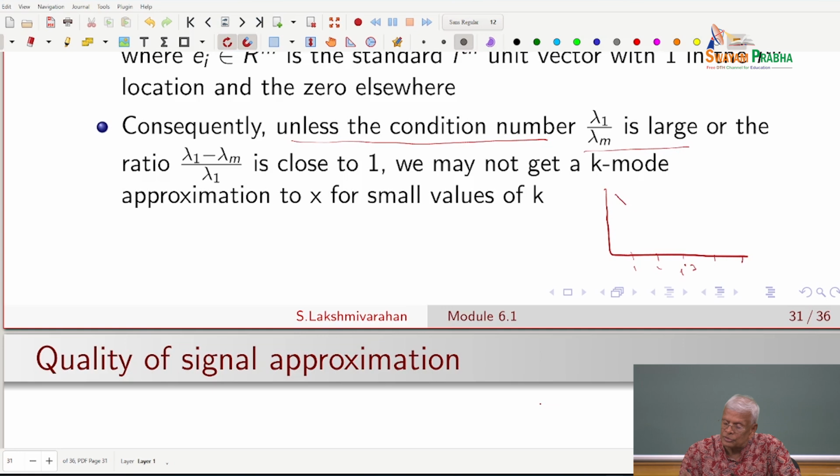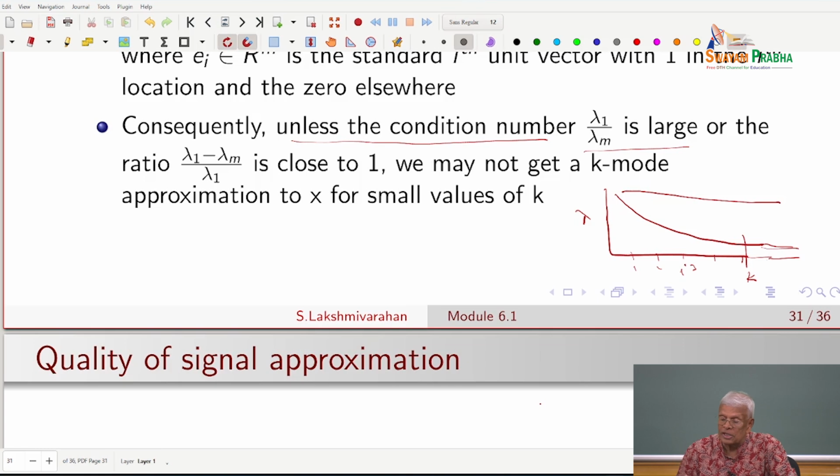If the eigenvalues fall very fast, you can readily see that the eigenvalues, representing the variance, become lower and lower as the index becomes larger and larger. In this case, we may be able to cut it out. This may be the value of k. So what is left behind is the remaining variance.